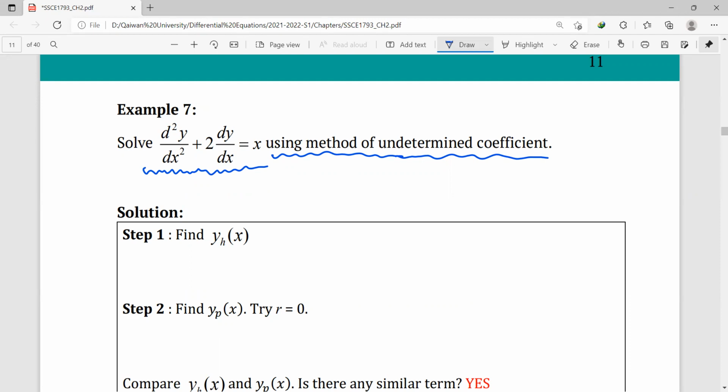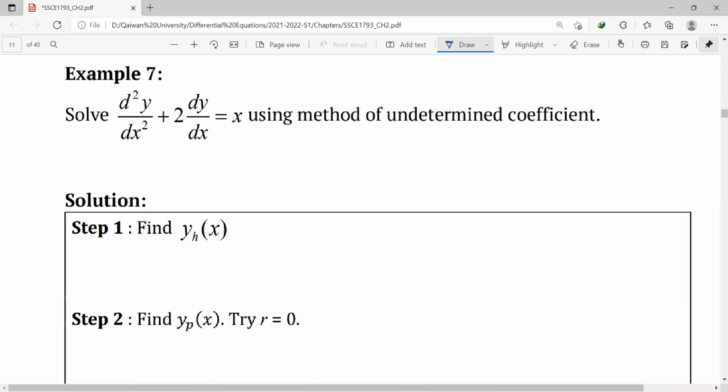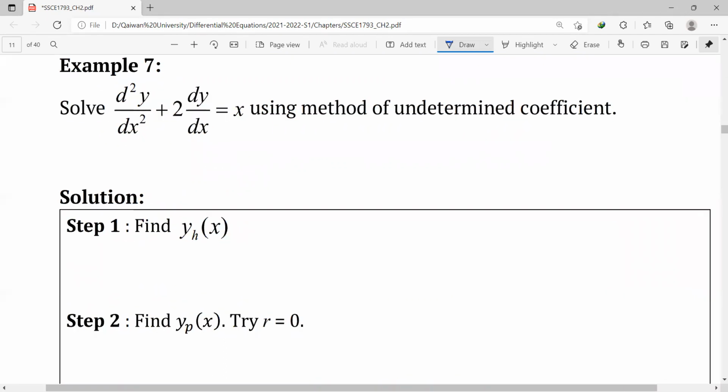For this differential equation, let's first find the homogeneous solution. Always you should find the homogeneous solution first. YH means homogeneous solution, YP particular solution. To find YH, we take the homogeneous part of the equation.